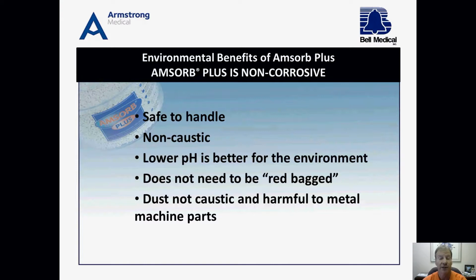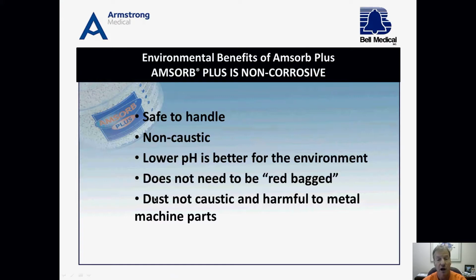When you dispose of something in regular trash, it's pennies. When you dispose of something in a red bag, that means it has to be incinerated, it has to be handled specially. It's grouped in with biological things, and basically the cost is 10 to 20 times higher to dispose of something that's in a red bag.